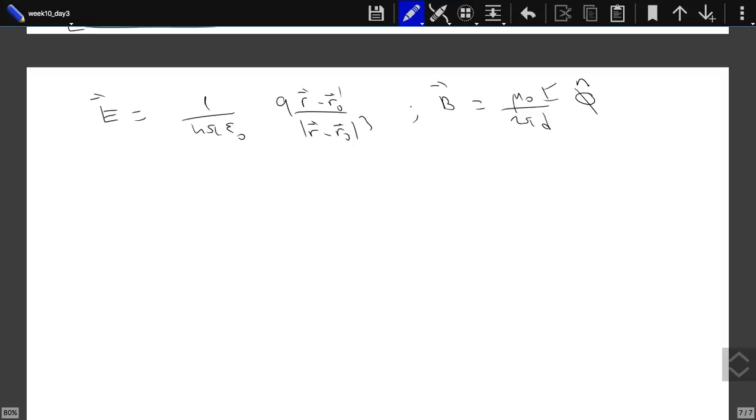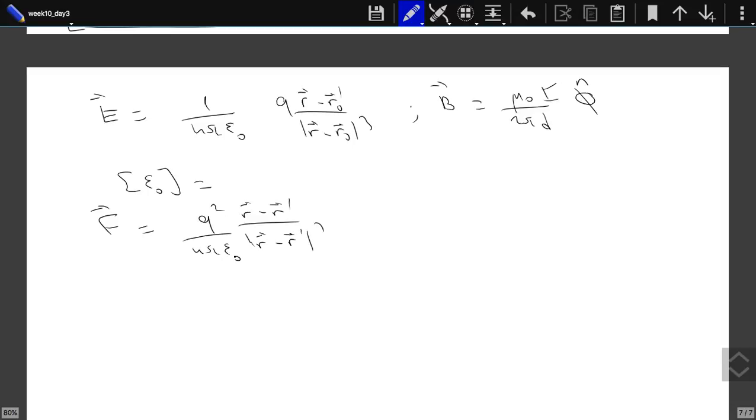Now, what is the unit of epsilon 0? Well, look at that equation. If you multiply E by Q, the force should be Q squared (r minus r prime) over |r minus r prime| cubed, divided by 4 pi epsilon 0.